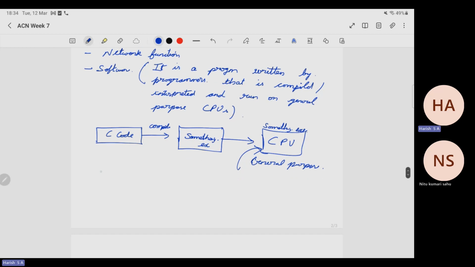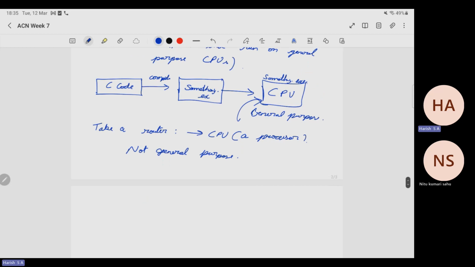if you take a switch or a router that also has a CPU, a processor, right? But it is not general purpose. Why?